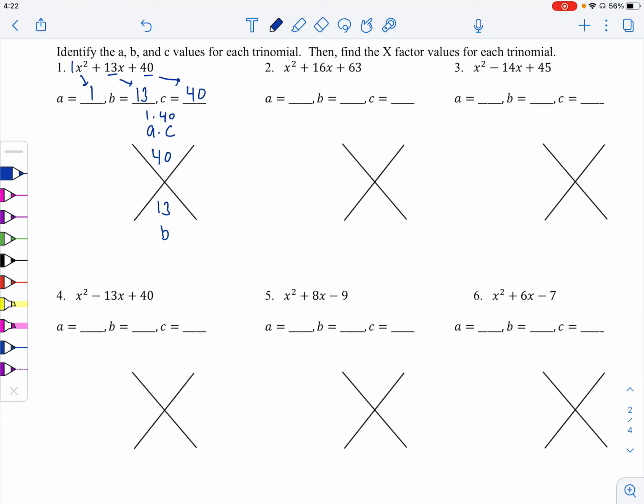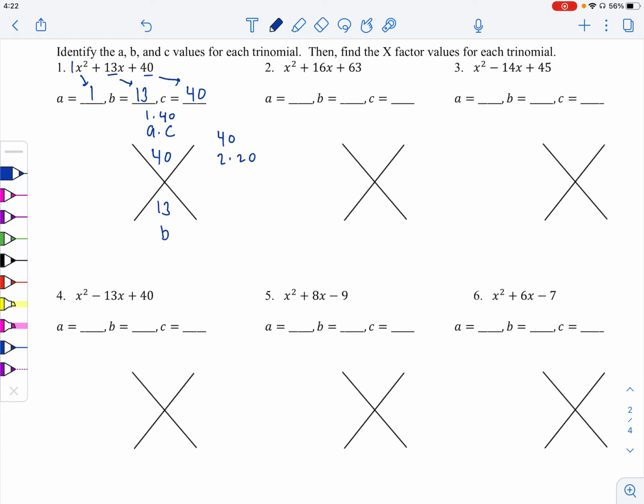So we're going to find what are factors of 40 that add to 13. What are factors of 40? So for 40, we could have 2 times 20.